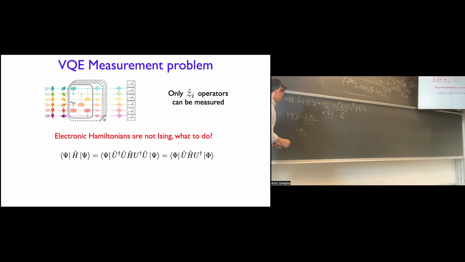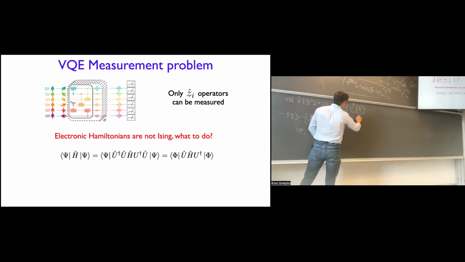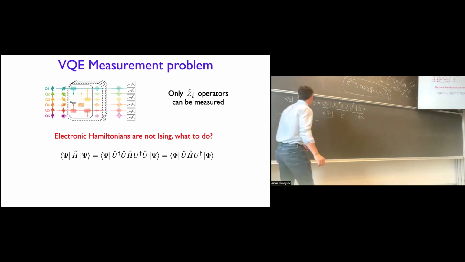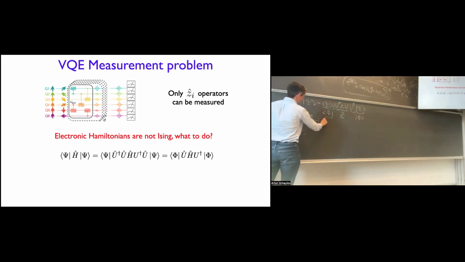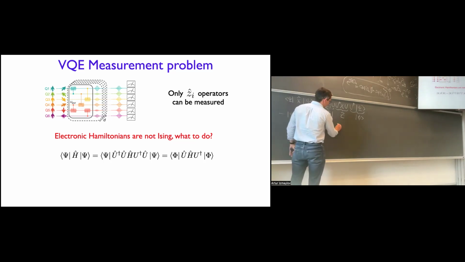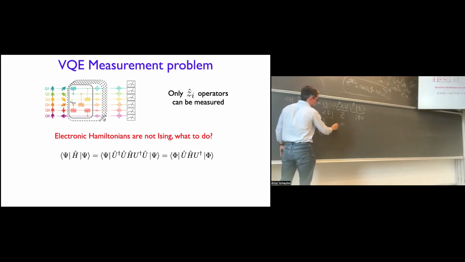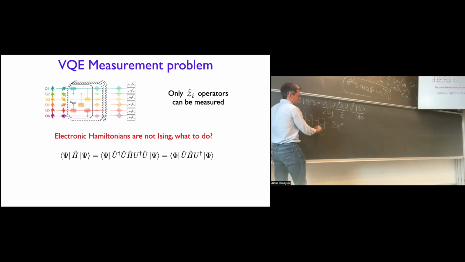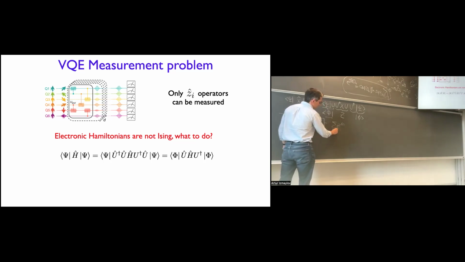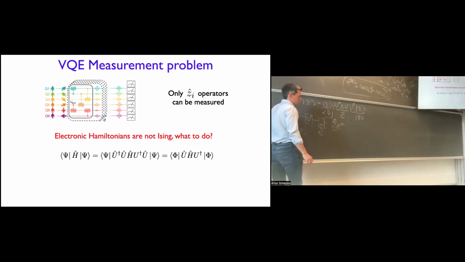Because it's the bra part. This is the ket part. Then we can do the measurement of the z operator, and if we do this experiment several times, we get this z multiple times. Let's say i goes from 1 to whatever number of measurements we do.